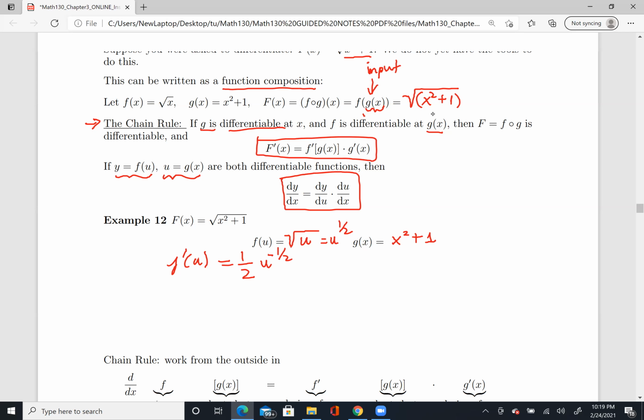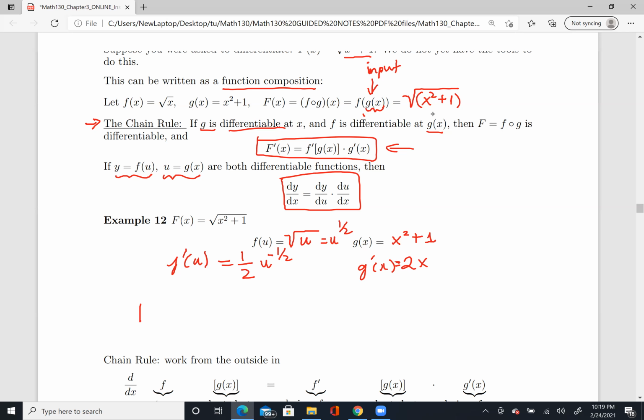Now for the derivative of g of x, I have 2x. So let's come back to the function over here.